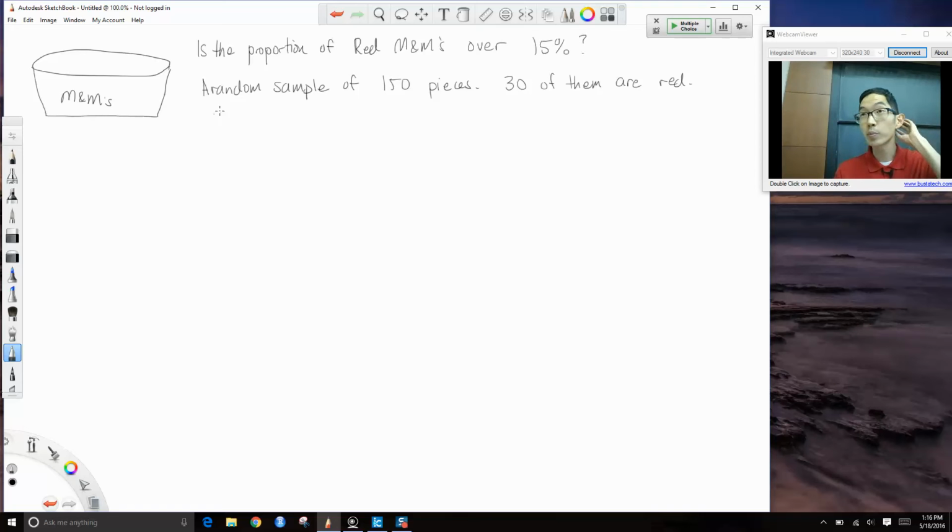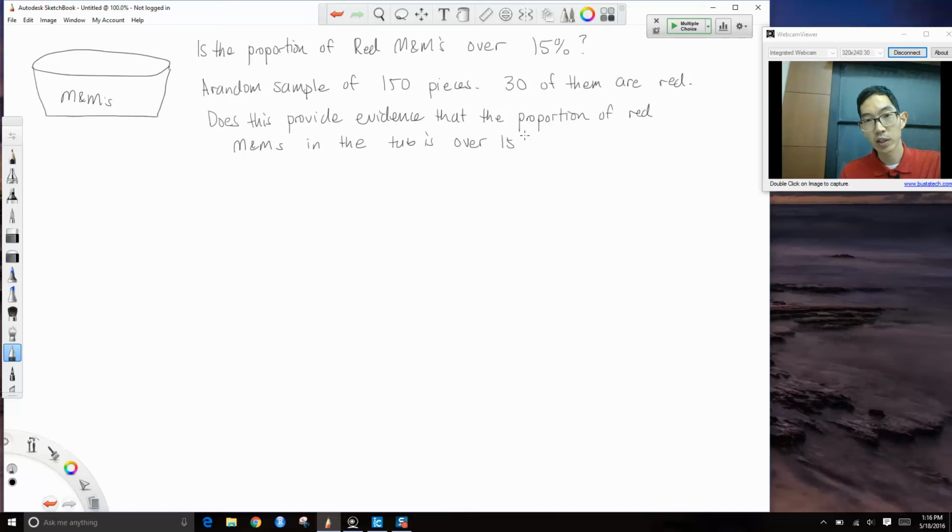And we're going to say, does this provide evidence that the proportion of red M&Ms in the tub is over 15%?